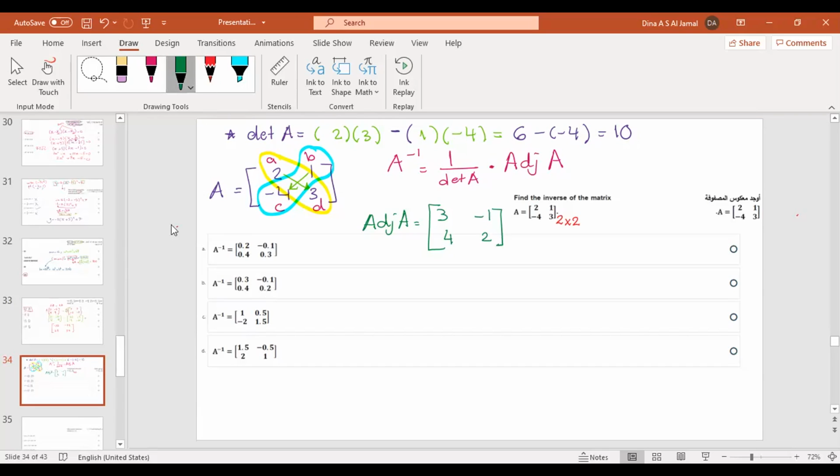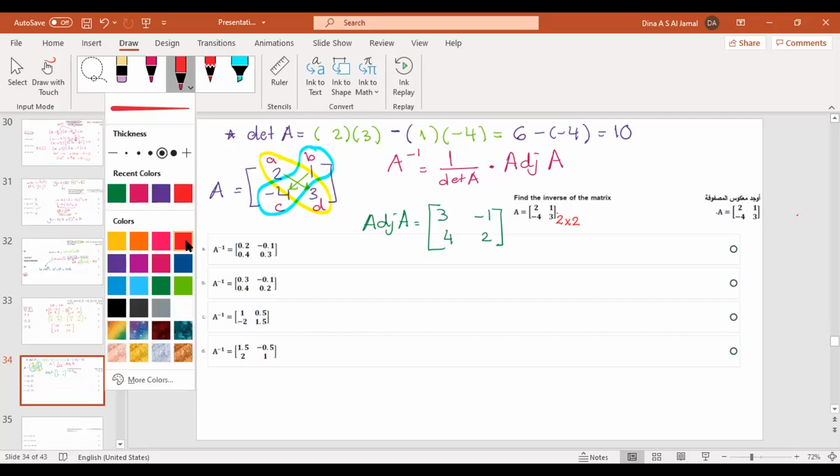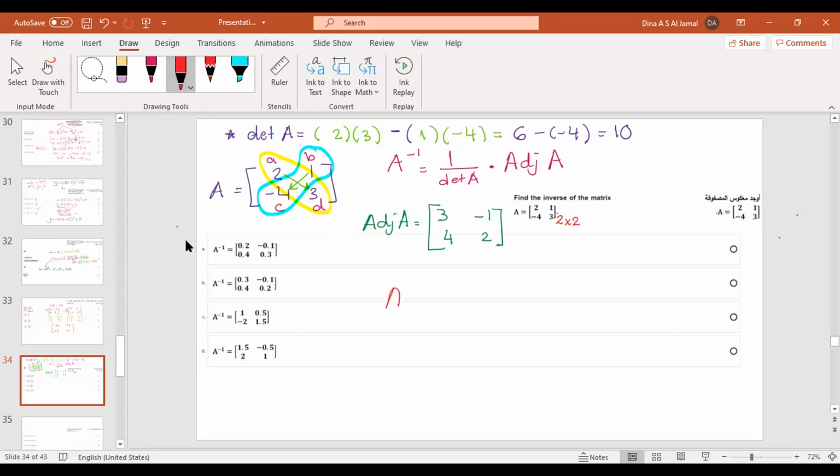Now I will be applying the rule of the inverse. 1 over the determinant, which is 10, multiplied by the adjoint, 3, -1, 4, 2. Now multiply each entry.